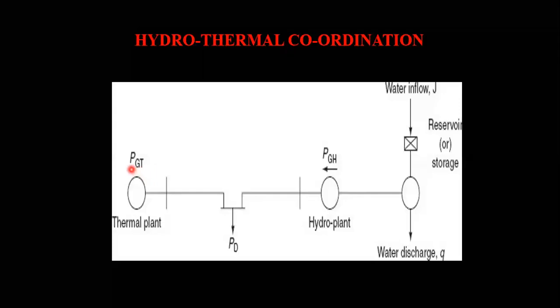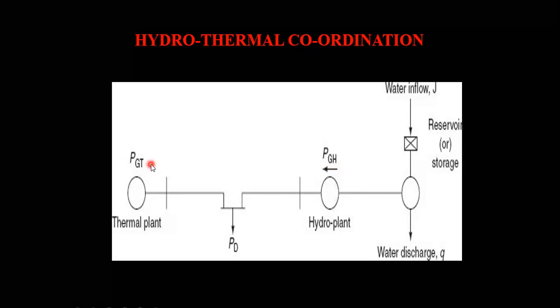P stands for power, G stands for generation, T stands for thermal. So PGT means power generated in a thermal power plant. Similarly, come to here, PGH. PGH means power generation by using the hydropower plant.